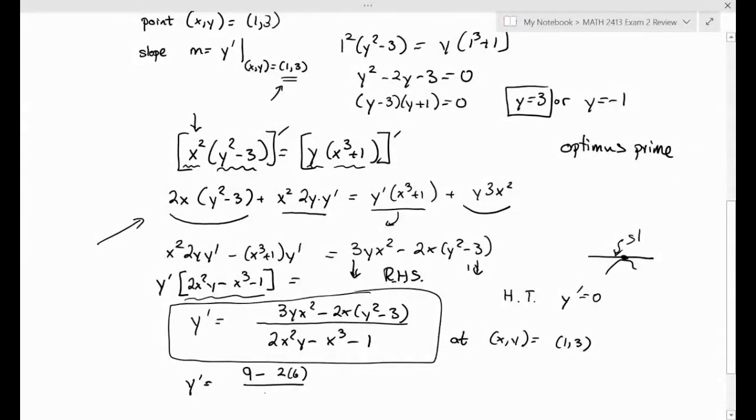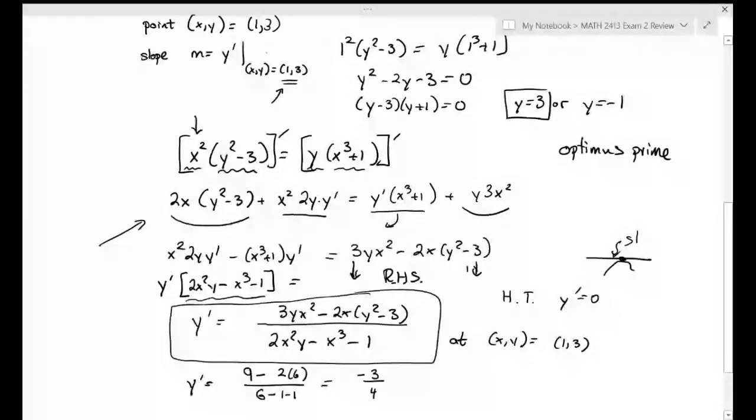If I get 0 in the denominator, that would be a problem. Okay, so that looks like it's -3 over 4. So that's our slope.